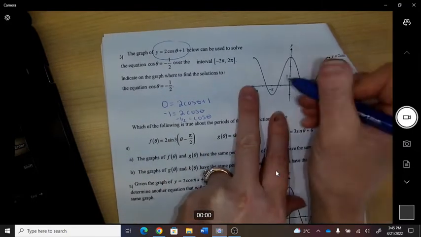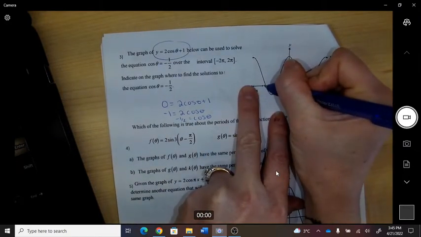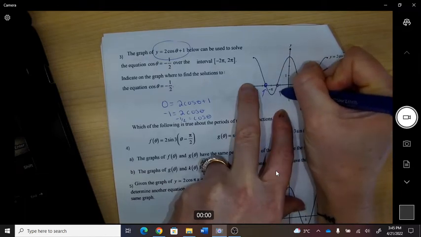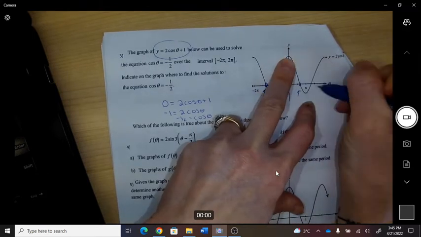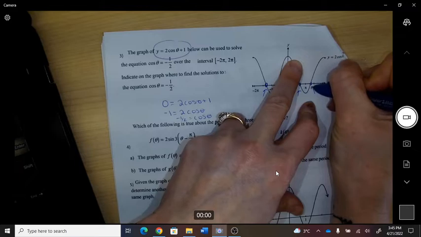So where does this graph equal 0? Right here, here, here, and here.